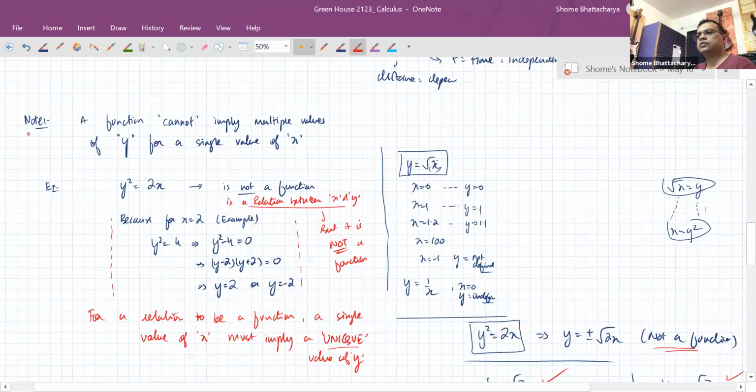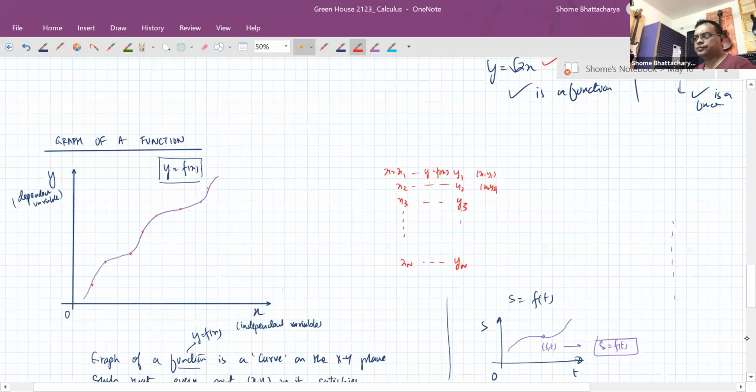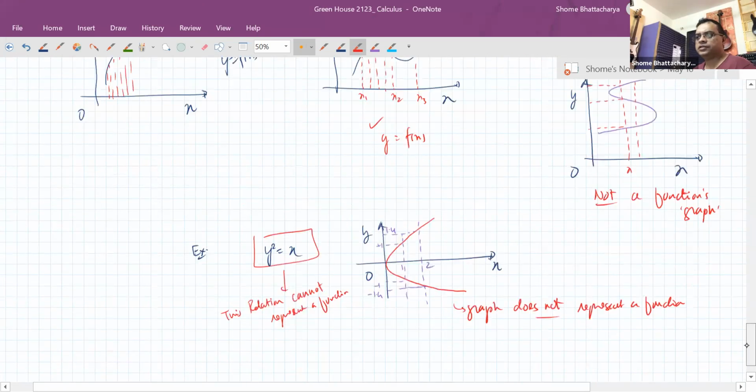A function cannot imply multiple values of y for a single value of x. For a relation to be a function, a single value of x must imply a unique value of y. So this is the foundation that we have on relation to be function. Is it clear, beta? Yes, that's clear now.